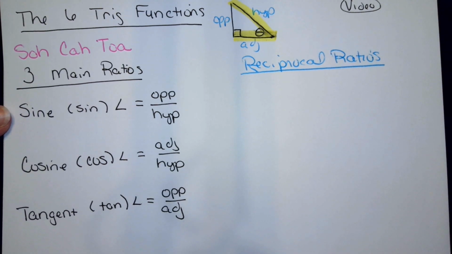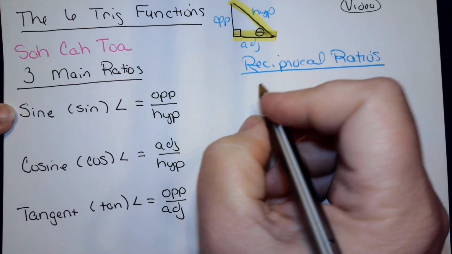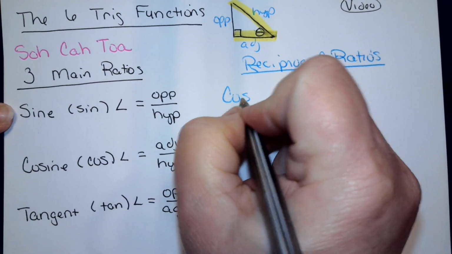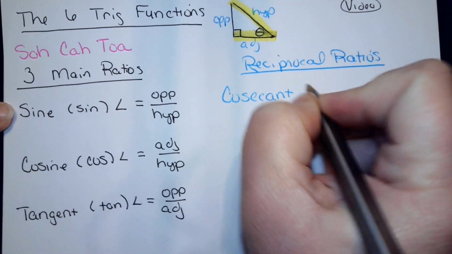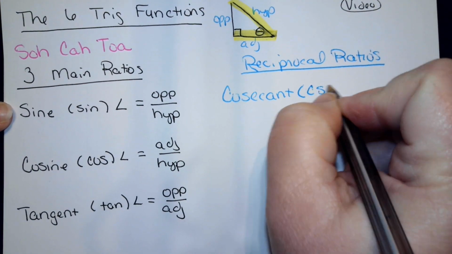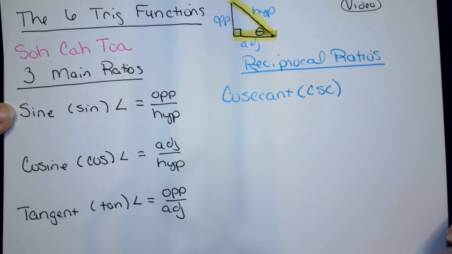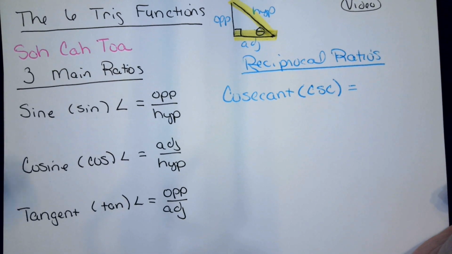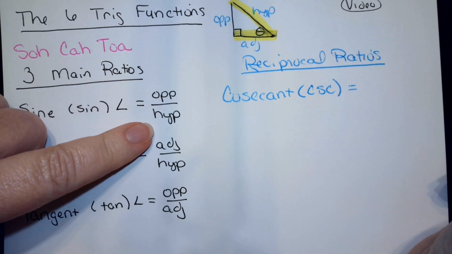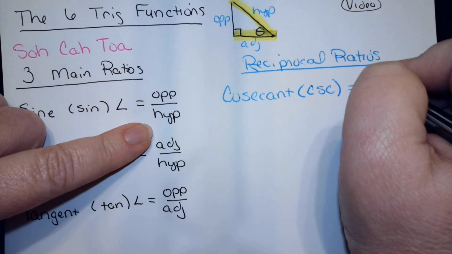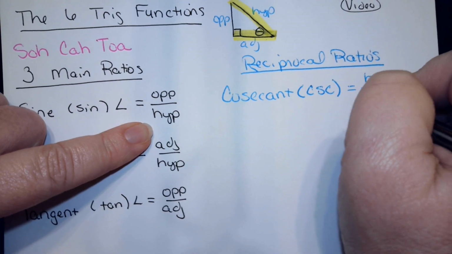The reciprocal function of sine is cosecant, abbreviated as CSC. If the sine was opposite over hypotenuse, then the cosecant is hypotenuse over opposite.